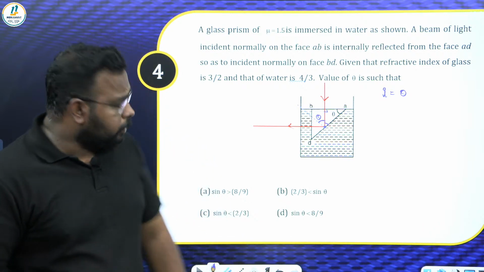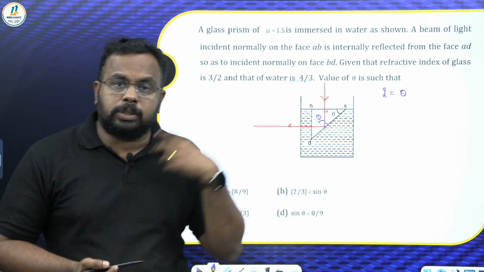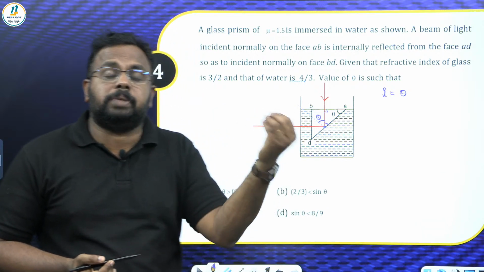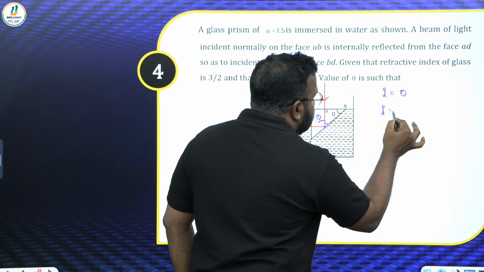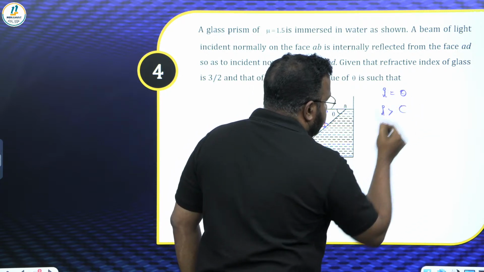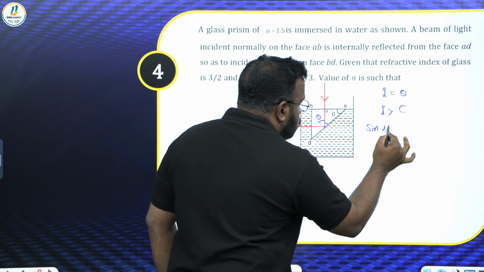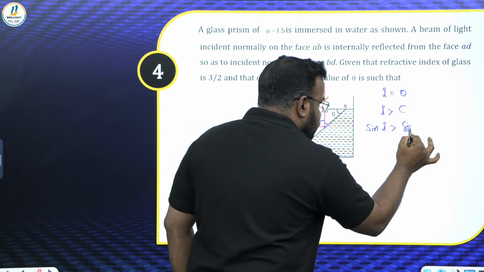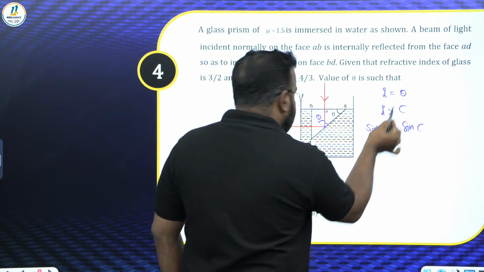Now tell me, what is the condition for TIR? For TIR, the angle of incidence should be greater than the critical angle. That means I should be greater than C, so sin I should also be greater than sin C. Here I is theta.